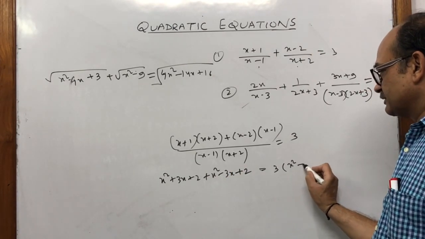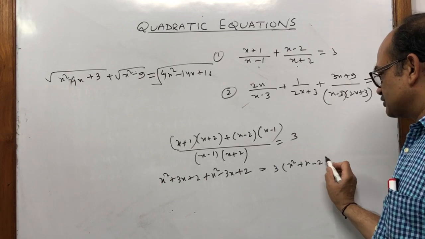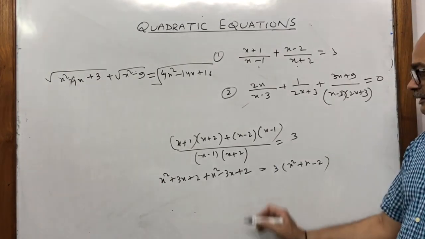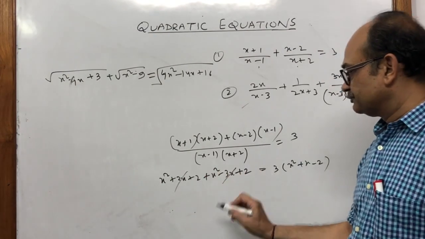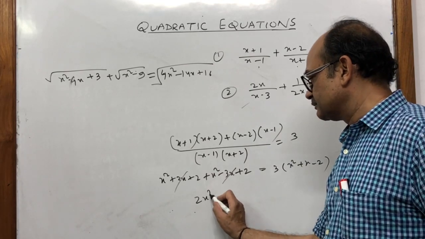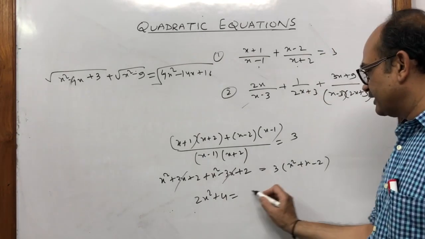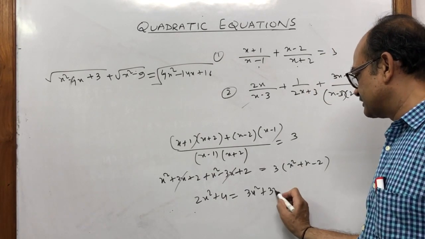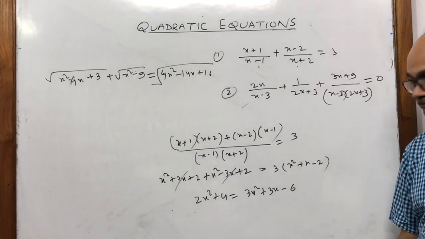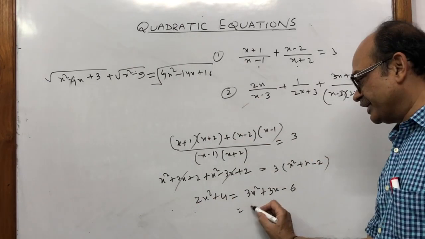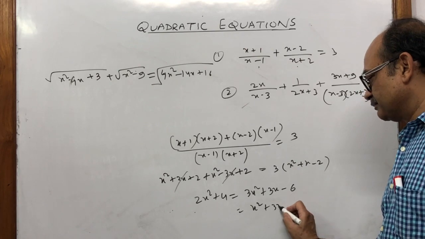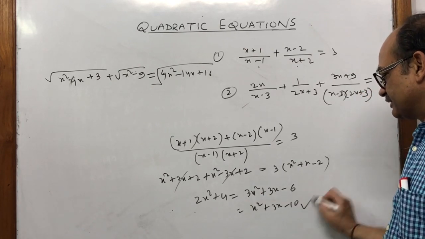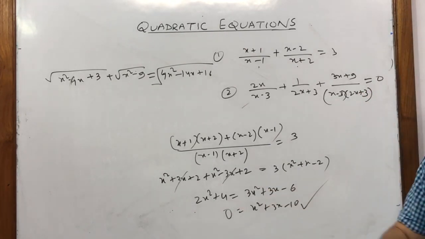The 3x and 3x cancel out, so 2x square plus 4. And here 3x square plus 3x minus 6. Take all to the right hand side: x square plus 3x minus 10 is the quadratic equation.